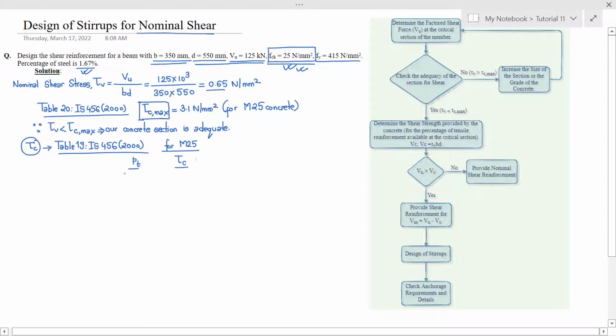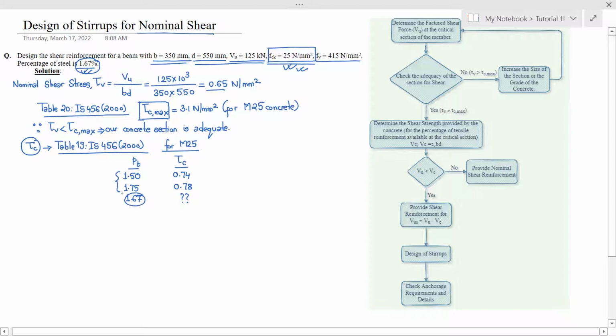So for 1.50 pt, the value of tau c is given as 0.74, and for 1.75 the value is given as 0.78. But currently our percentage of steel is 1.67, which lies between these two values. So we have to perform linear interpolation and find the value of tau c, that is the shear strength provided by the concrete for 1.67.